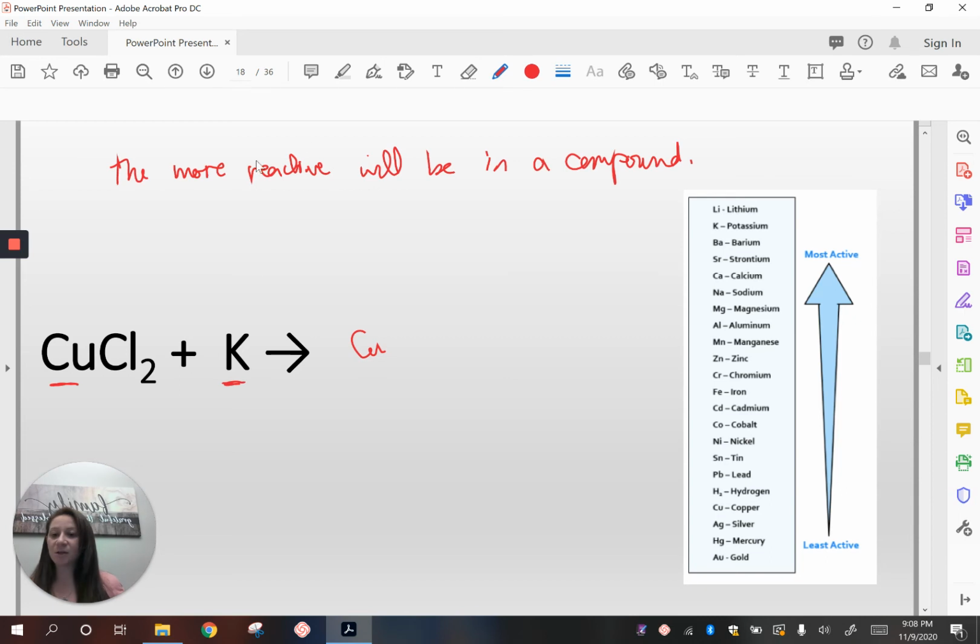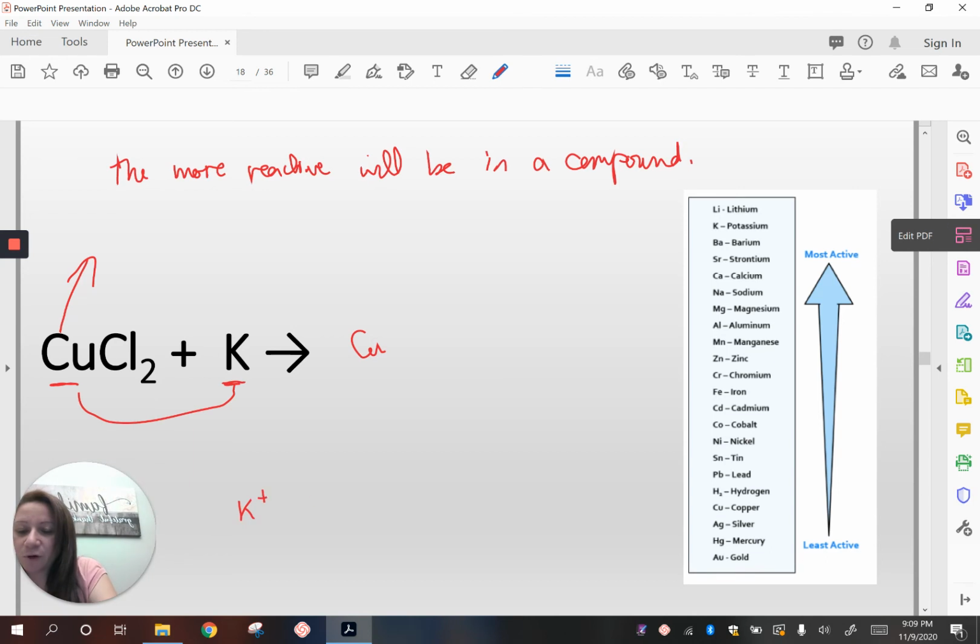And the potassium is going to take copper's place. So we're going to form a compound between potassium and chlorine. And as always, whenever we form compounds, we need to make sure that they are neutral. So K plus and Cl minus. So we're going to form KCl. And then we balance it. So we'd need two of these and then two potassiums.